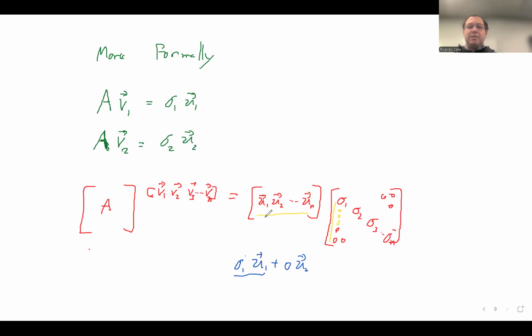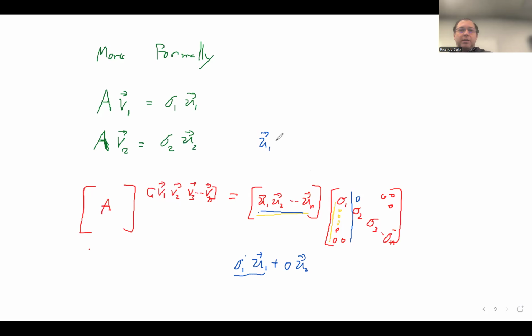Then we do this again. Let's say I do this times this, right? So now I take, let's do it up here, U1 times what? What is this value? 0, because all the values off diagonal are 0.